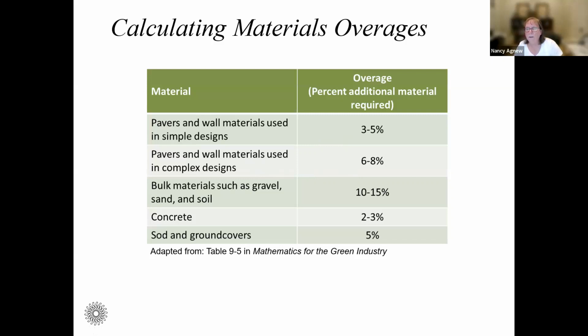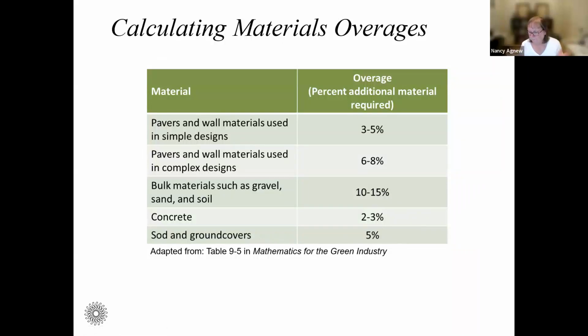And then for bulk materials such as gravel, sand, and soil, we need to add about 10 to 15%. And the reason that's so high is that it's just a harder amount to estimate. Concrete usually needs 2 to 3% extra, and sod and ground covers 5% is common.